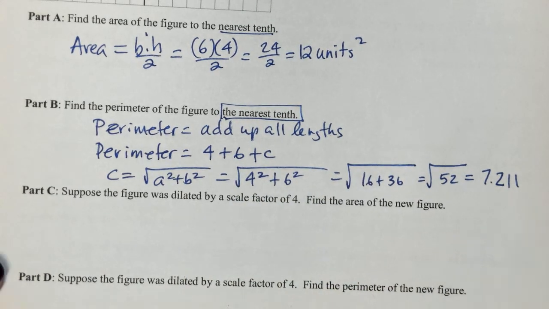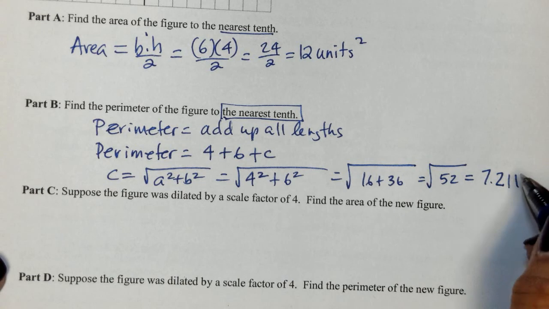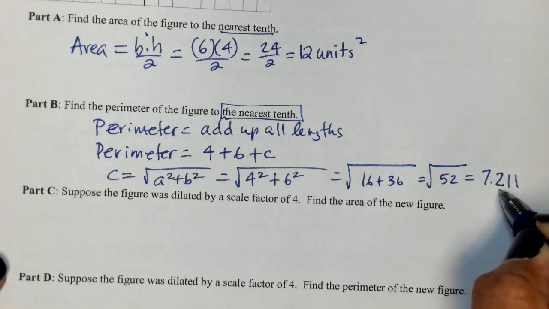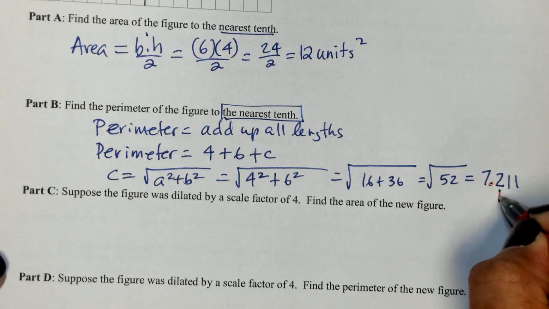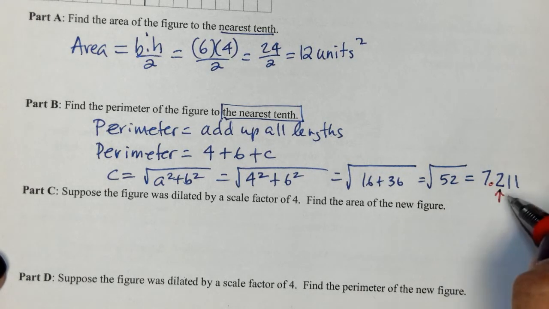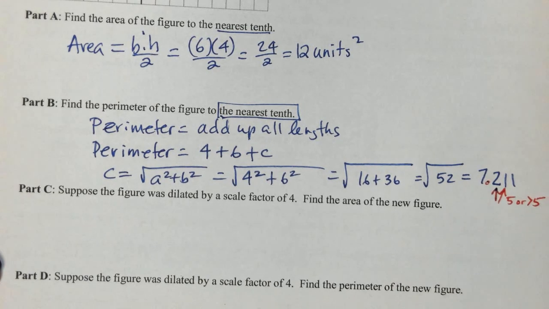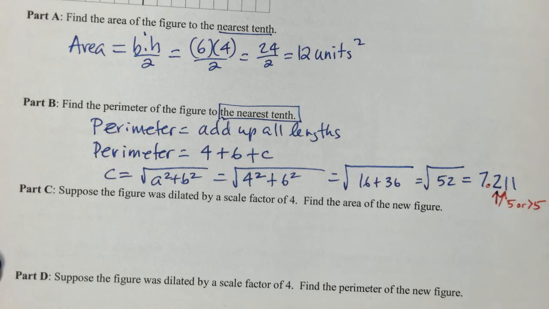Now pay attention to where I'm going to box this in, if you don't mind doing that, to the nearest tenth. So you're going to take a look at the following number here. Okay, and I'm going to use a different color pen to point out. The tenth is the first spot after the decimal. Okay, so we have to determine if it's going to change. We look at the digit behind it. If it is a 5 or greater than 5, then we know that we're going to increase the 2.